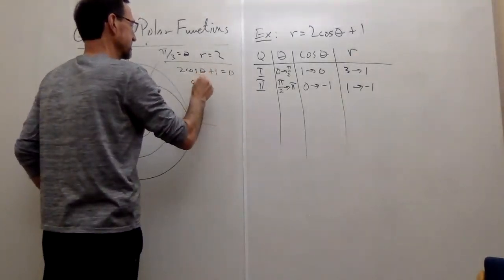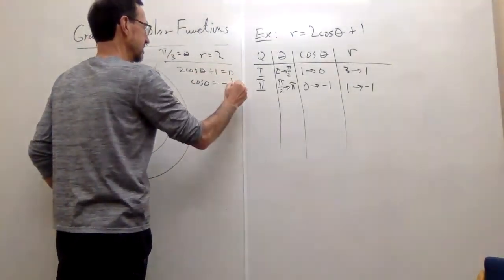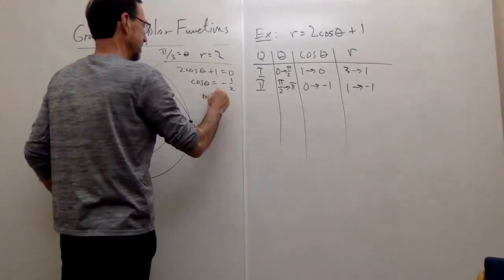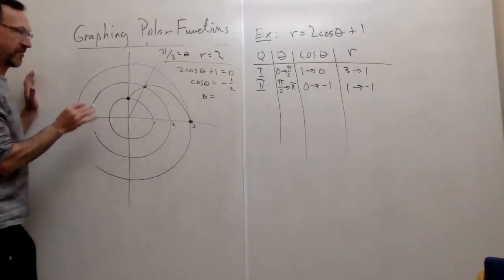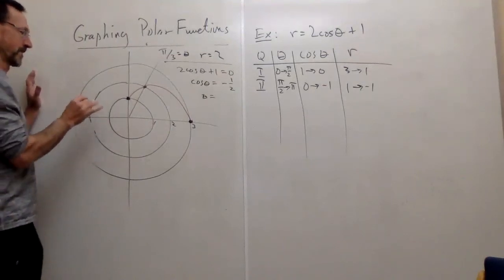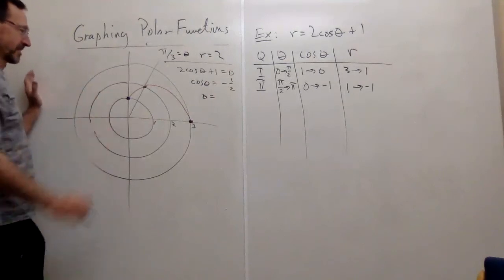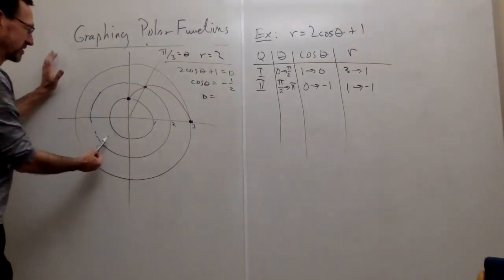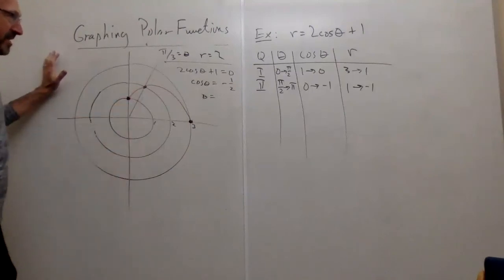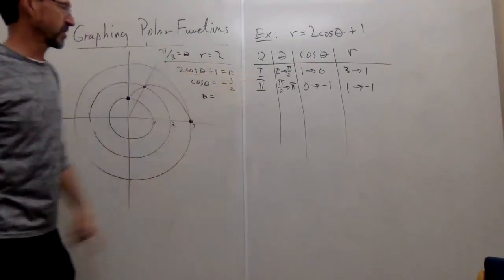So solve for cosine, we get negative. Subtract 1, divide by 2. And the cosine is negative in quadrants 2 and 3. So there are 2 angles, one in quadrant 2, one in quadrant 3, where r takes on the value 0. Of course, we're focusing right now on the one in quadrant 2.